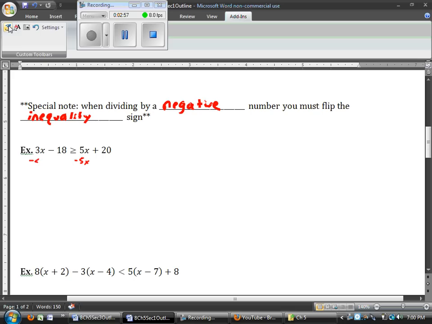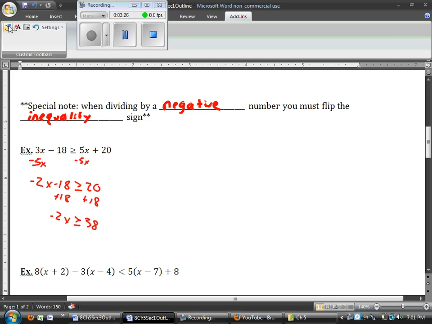So we're going to subtract negative 5x and get negative 2x over here minus 18 is greater than or equal to 20. Notice I didn't flip the sign yet. All I did was subtract. I didn't divide. So not until I divide do I flip my sign. So I have a negative 2x is greater than or equal to 38 at this point.